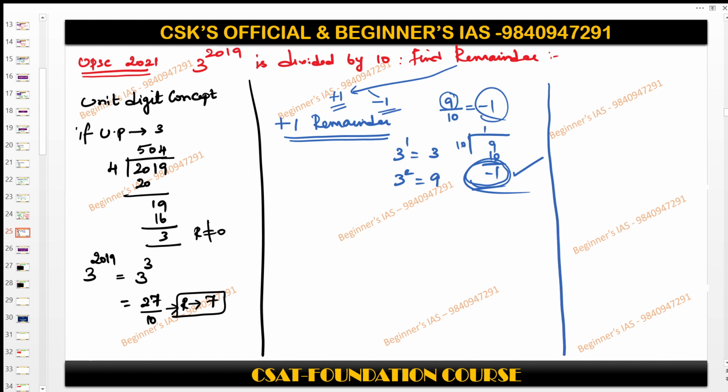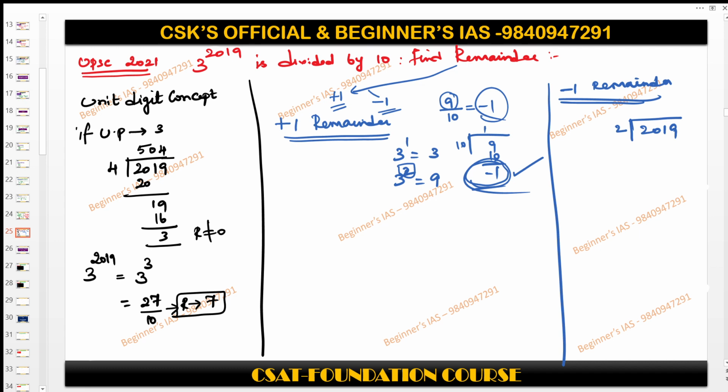So now listen carefully. Here itself I will tell you the minus 1 remainder concept. Now what power gives you 9 with respect to base 3? 2, isn't it? Now what you need to do is divide the power by 2.